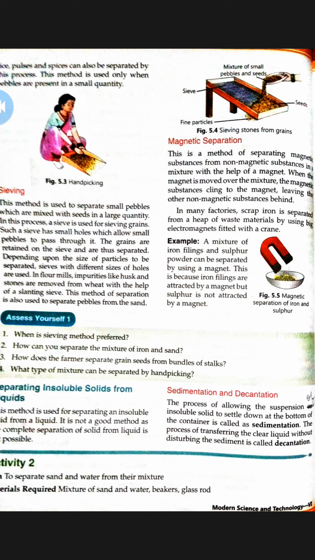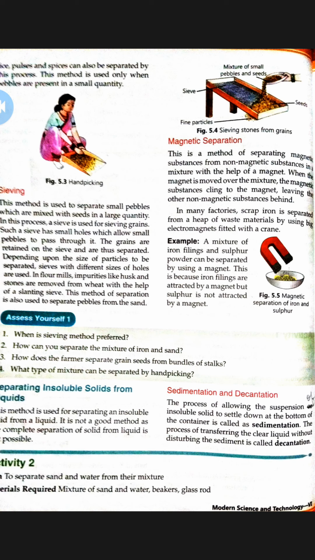Sedimentation and decantation. The process of allowing the suspension of insoluble solid to settle down at the bottom of the container is called sedimentation. Means what happens in this process?